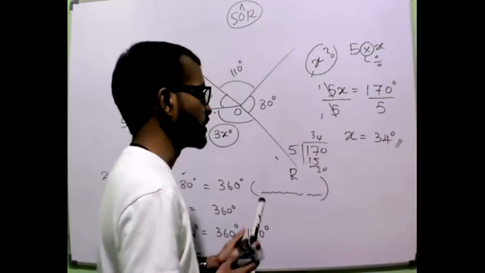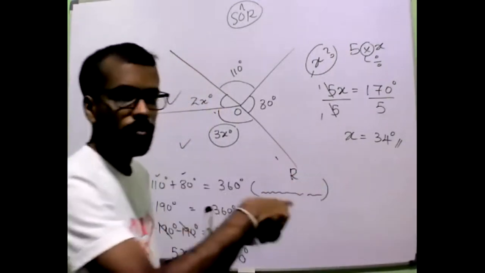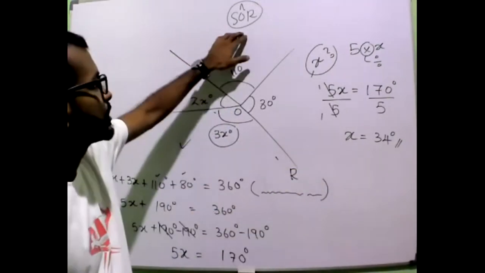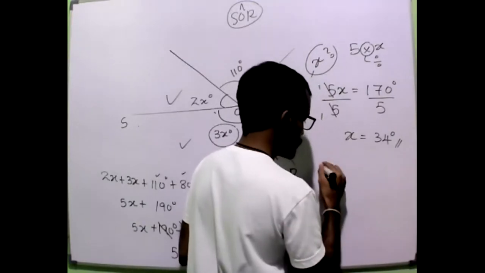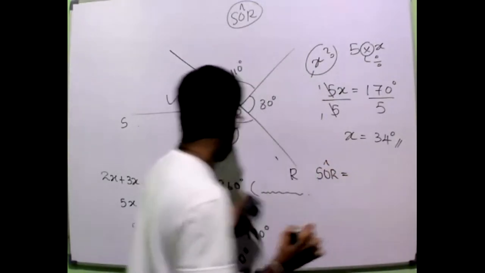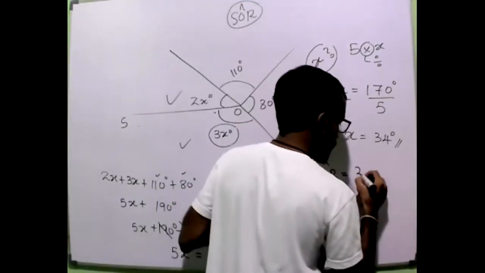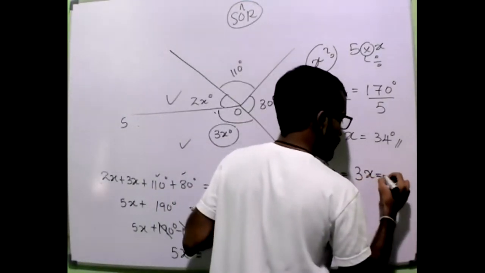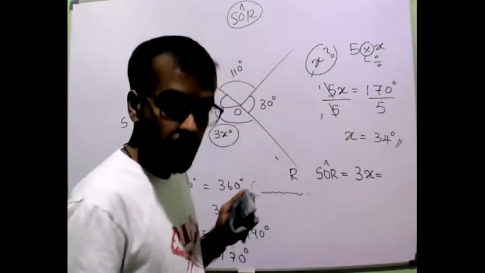This is not the answer, but before obtaining the answer, you need to find what x is. They are asking the value of SOR. So I can write our SOR angle equals 3x, 3 times x. This is my x, x equals 34 degrees.